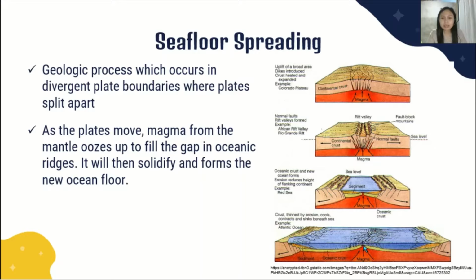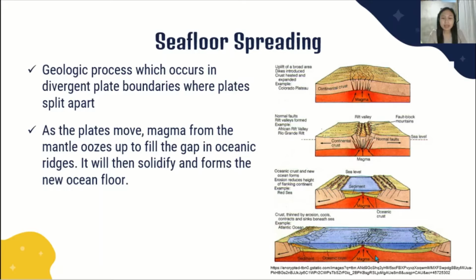Since the temperature here in the oceanic ridge is cooler compared to the temperature here in the mantle, the magma solidifies and it turns into rock. So those magma will then form the new ocean floor as the plates move away from each other.